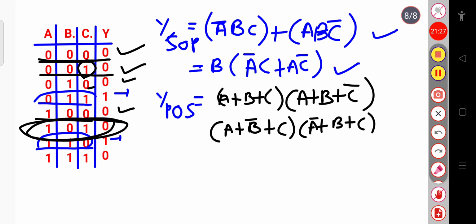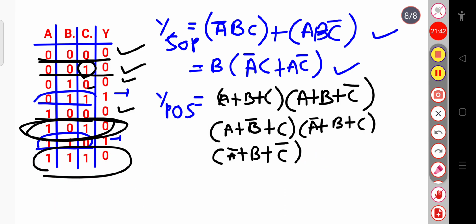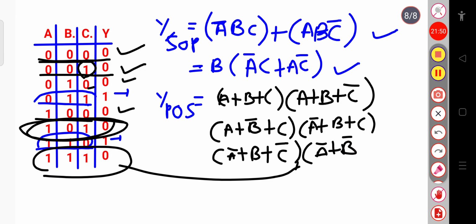This will again be the multiplication of 1 meaning A bar, plus 0 meaning B, plus 1 meaning C bar. Now the last term remains. Here all are 1, that is why you have to give the bar sign: A bar plus B bar plus C bar.